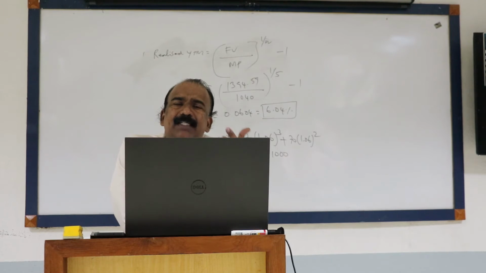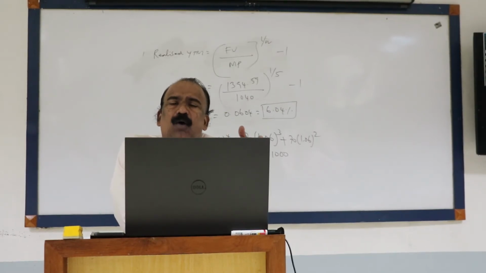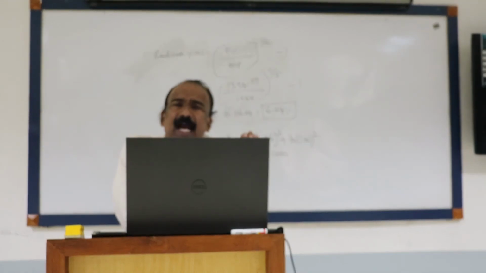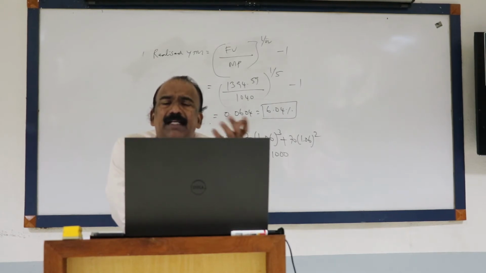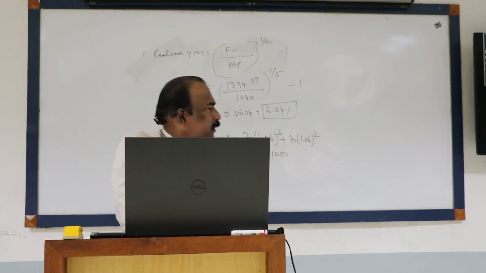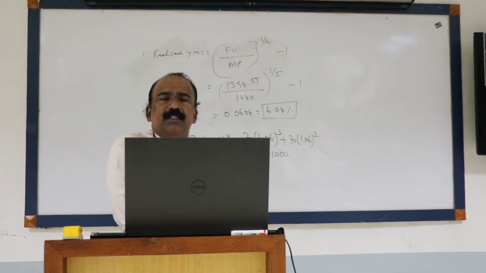What is YTM? YTM means the rate at which the cash inflow from owning the bond and the market price are equal. So what is realized YTM? The realized YTM is the rate at which the future value of the reinvestment and the market price are equal. So at what rate is this equal? At 6.04%.